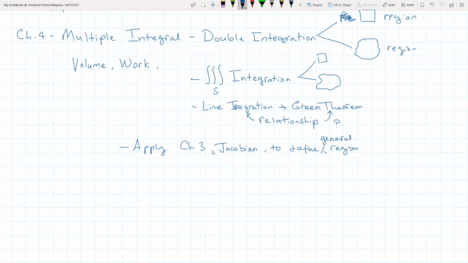How did you apply the Jacobian to define a general region and use it in change of variables? So I just simplify that as change of variables. Okay, any questions so far? So I just listed out all the topics.